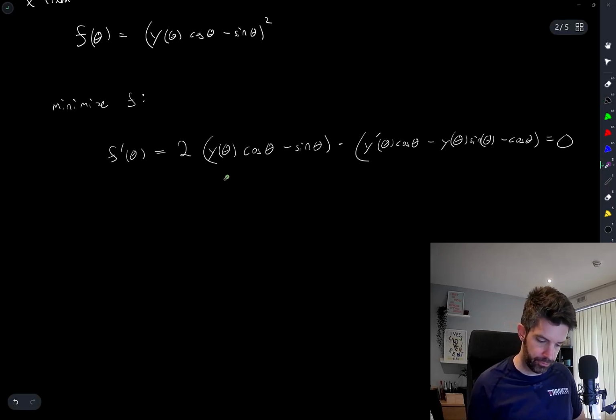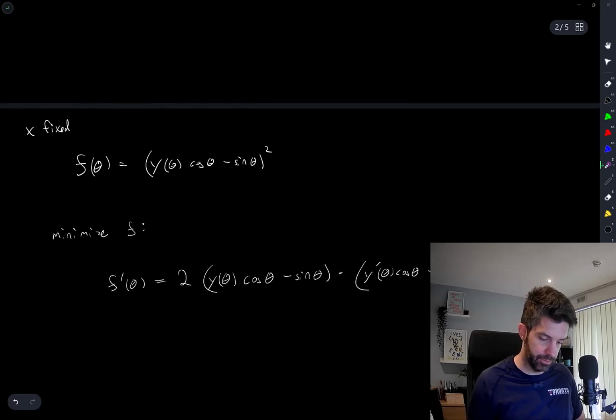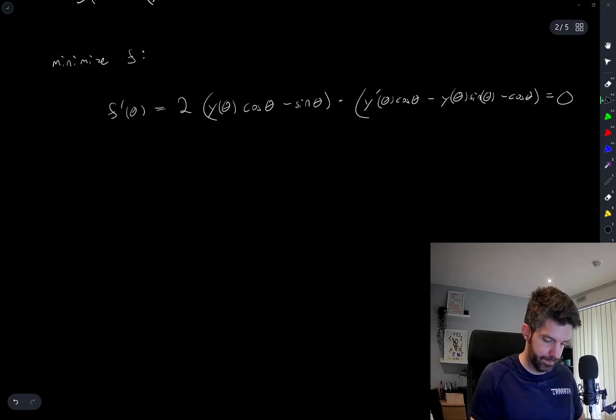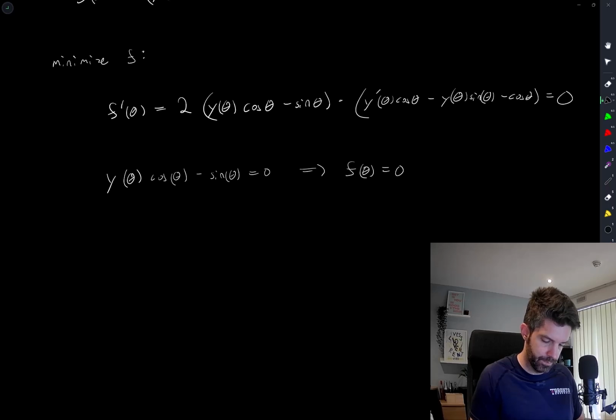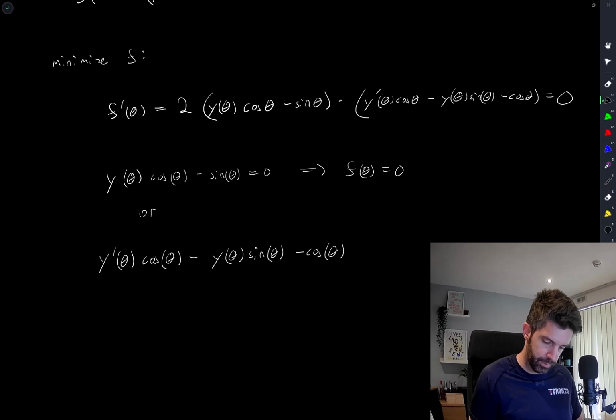So either this is equal to 0, in which case, of course, we have minimized that. Or we have y prime of theta cosine of theta minus y of theta sine of theta minus cosine of theta is equal to 0.